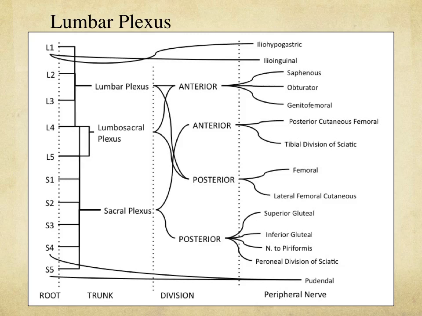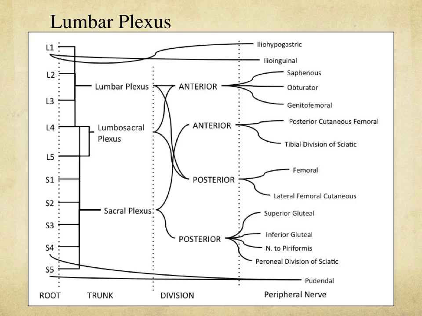Those were the couple of nerves that I had you save as you were going through the subcutaneous adipose tissue. The posterior division coming from the sacral plexus is going to give rise to the superior and inferior gluteals, as well as the nerve of the piriformis and the peroneal division of the sciatic nerve. The peroneal division of the sciatic nerve is going to be on the fibular side, whereas the tibial division of the sciatic nerve is going to be on the tibial side.